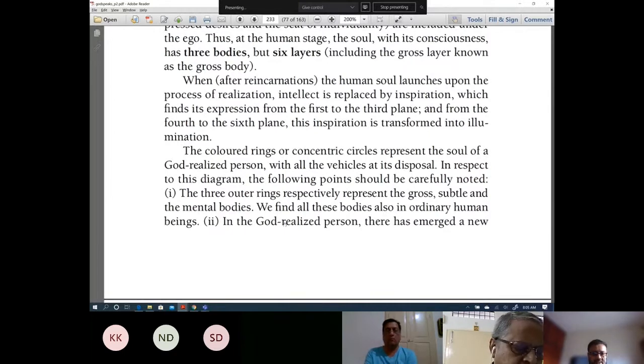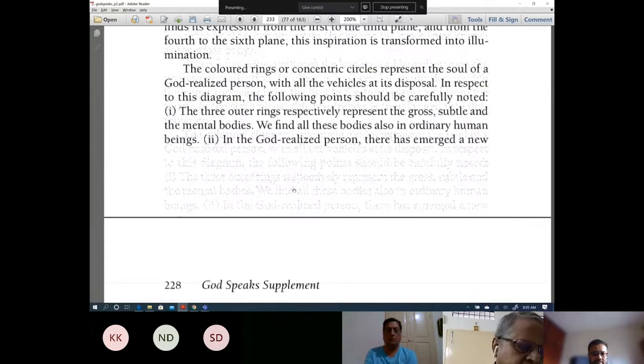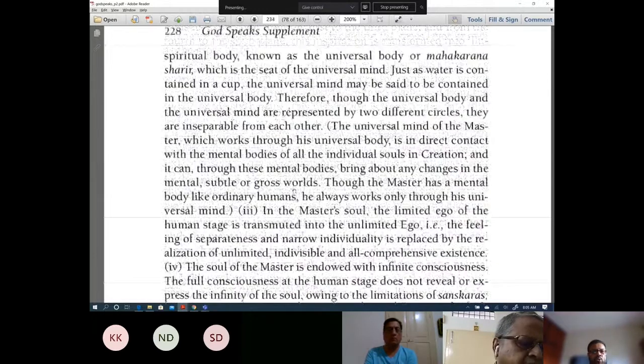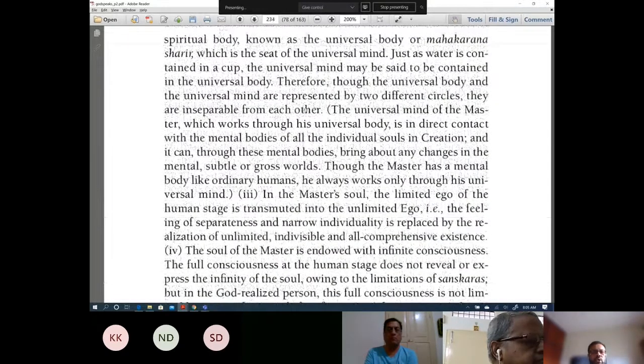In the God realized person, there has emerged a new spiritual body known as the universal body or Mahakarana Sharira, which is the seat of the universal mind. Just as water is contained in a cup, the universal mind may be said to be contained in the universal body. Therefore, though the universal body and the universal mind are represented by two different circles, they are inseparable from each other.